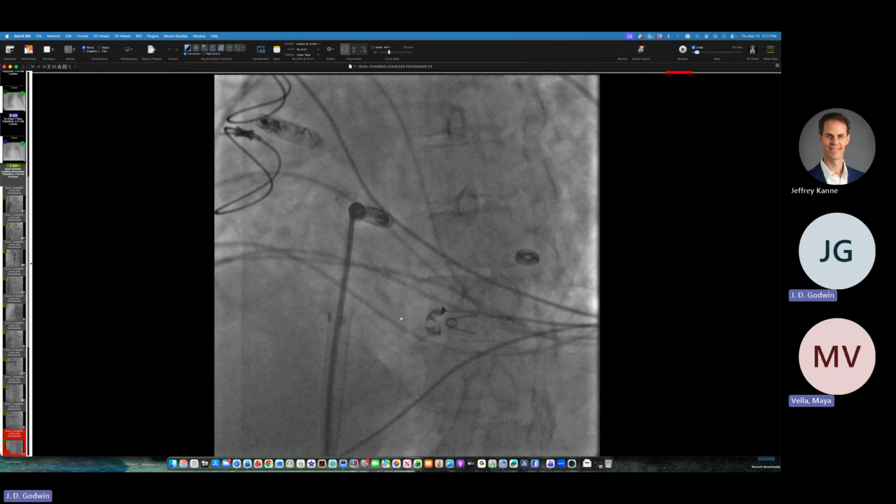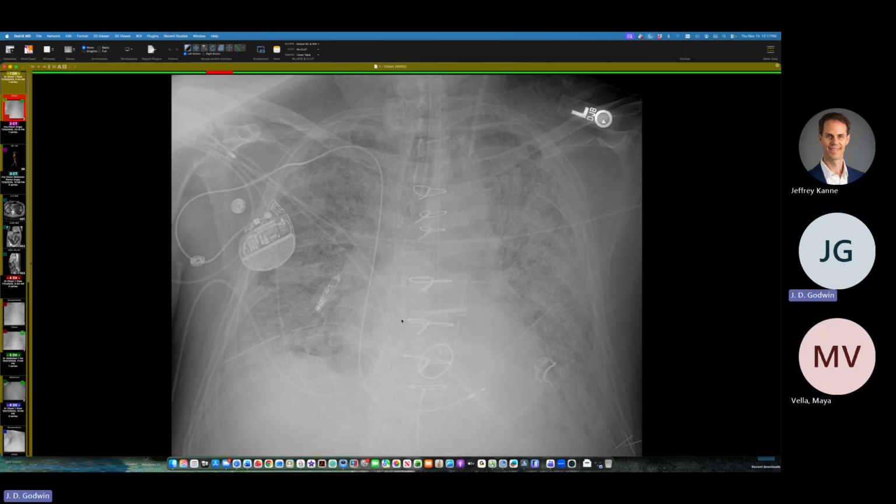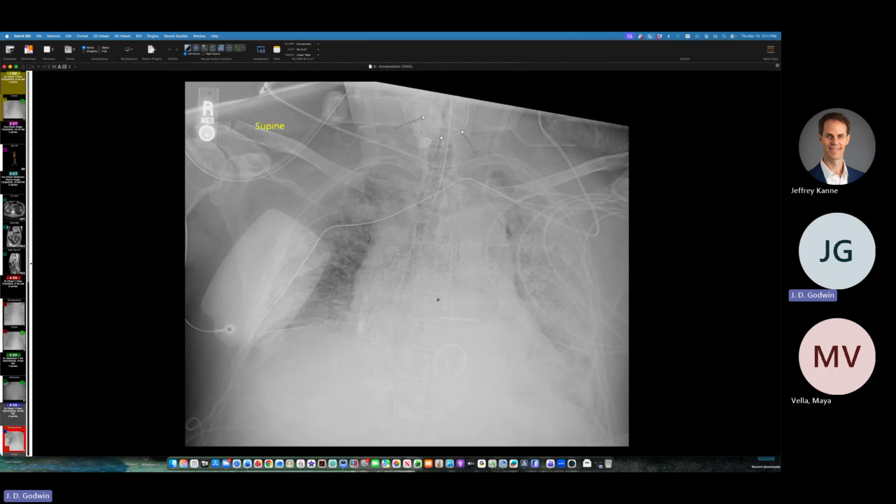Okay, and here's another instance where one of these things was placed. This is the time of surgery, and at this point the sternotomy was left open, and there are lots of sponges in place here. So this person had a lot of difficulties during the surgery. They had to go back in because they put in one mitral valve, and then they found when they repressurized the heart that it became insufficient.